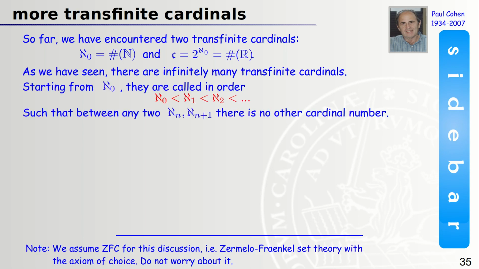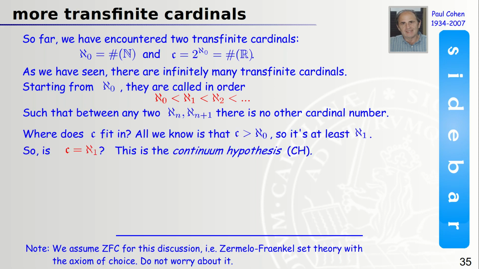They are, in order, a chain of Alephs starting with Aleph 0 such that between any two consecutive Alephs there is no other cardinal number. So it seems natural to ask, where does C, that is 2 to the Aleph 0, fit in? It is greater than Aleph 0, but is it the next one? Is it Aleph 1? Or are there sets of a size between Aleph 0 and C?